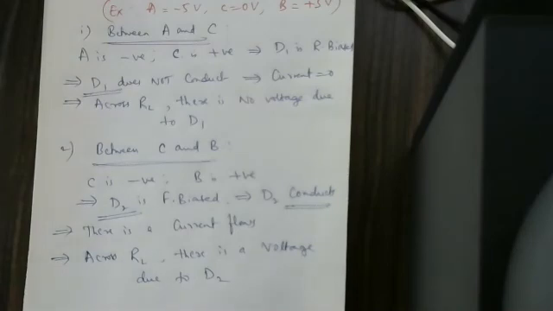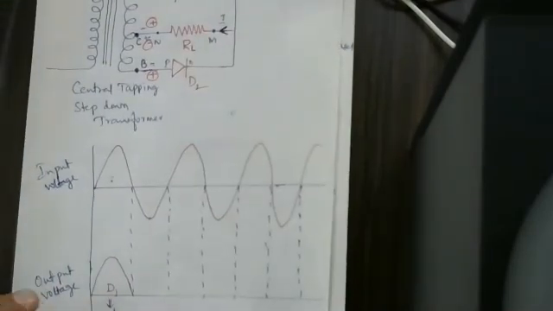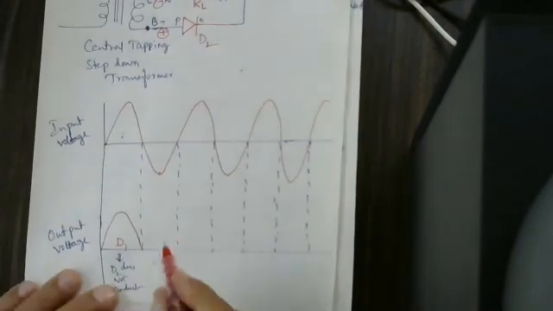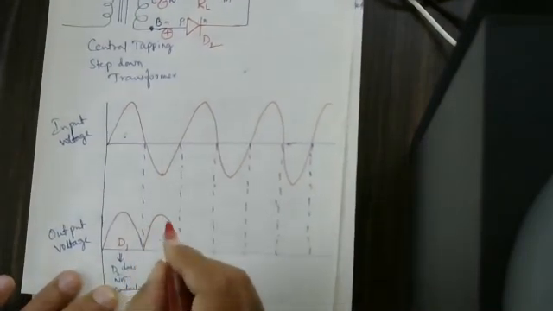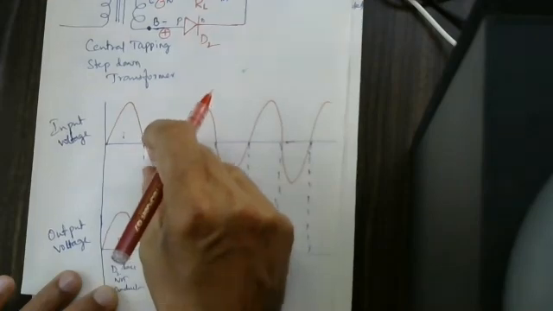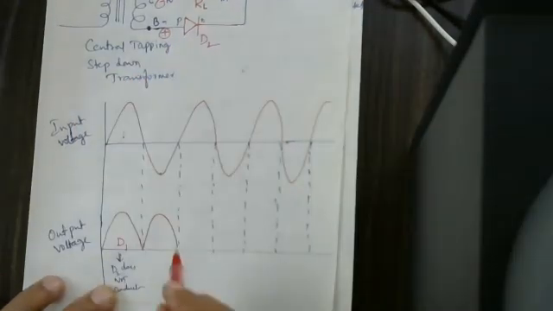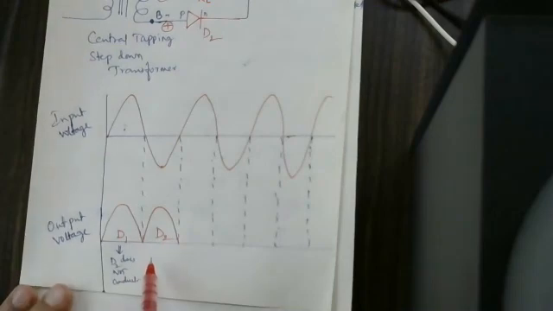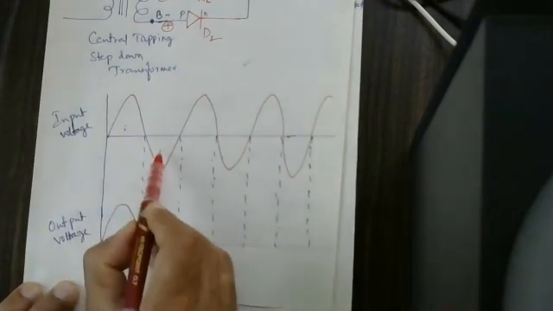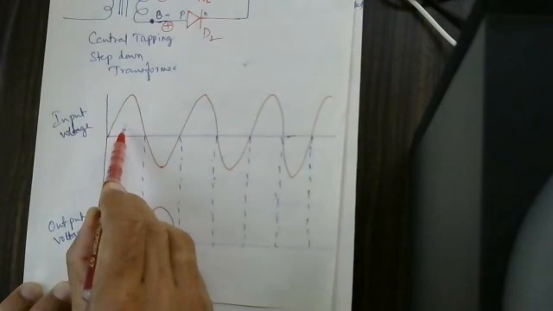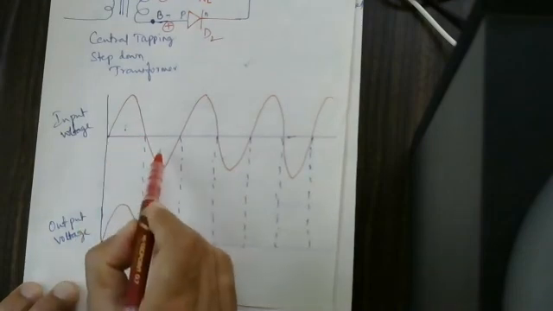Explanation is almost over. Now I am going to write the waveform. Negative half cycle is also converted in the form of positive half cycle. This is due to D2. But D1 does not conduct here. Here D1 is conducting, D2 does not conduct. Here D2 is conducting, D1 is not conducting.